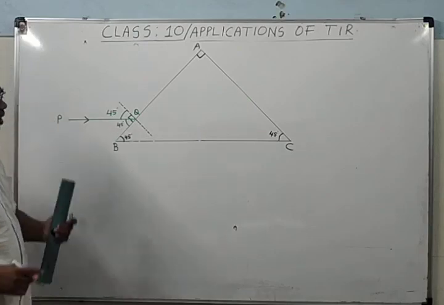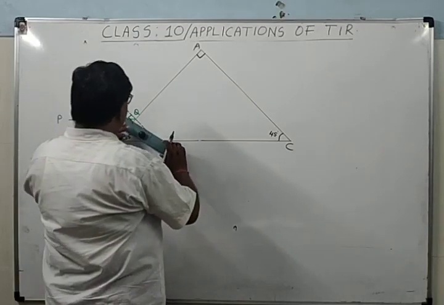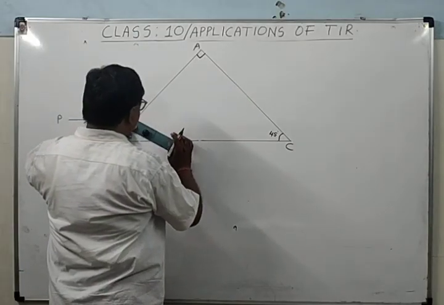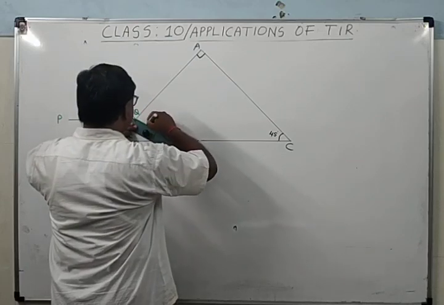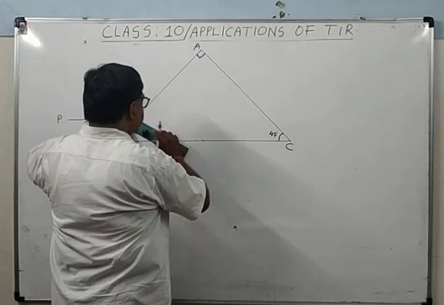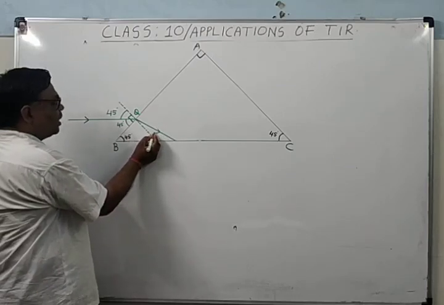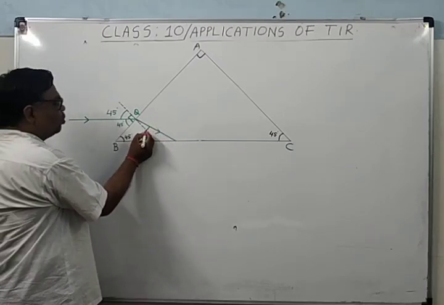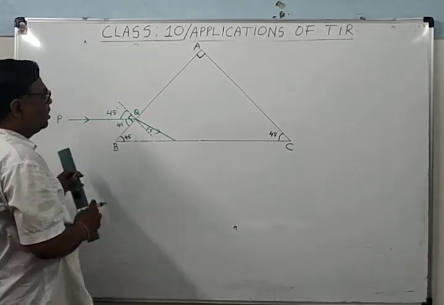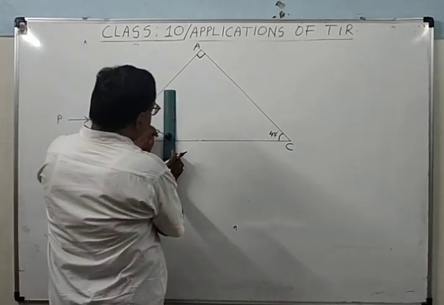So what will happen here? It will suffer refraction and bend towards the normal. Why bending towards the normal? Because moving from rarer to denser. Suppose this angle is R. It's clear? Now what will happen at this point?